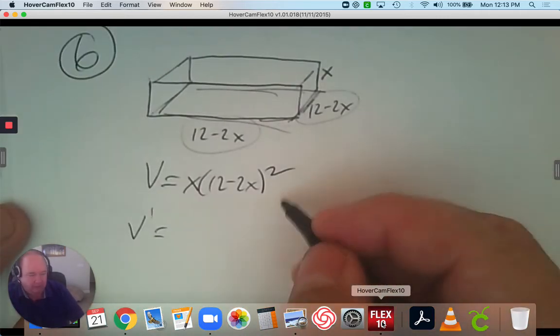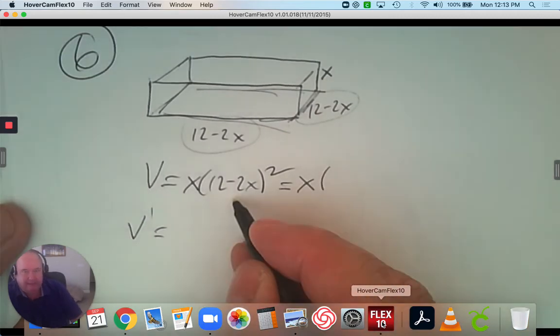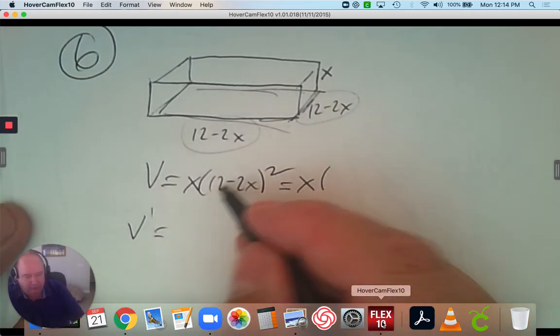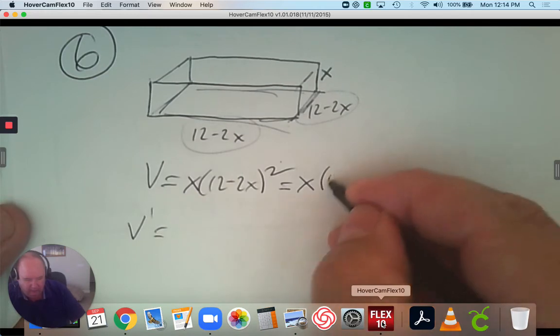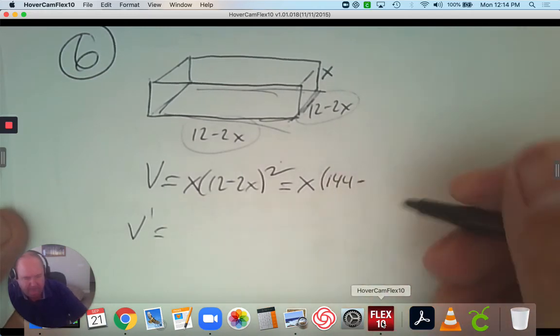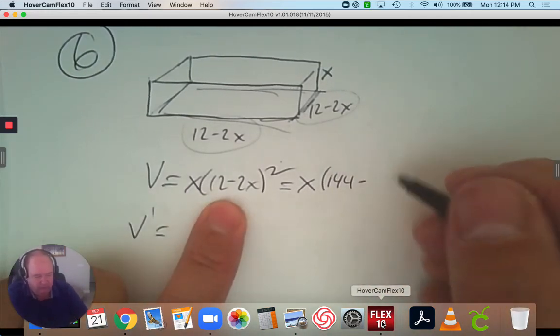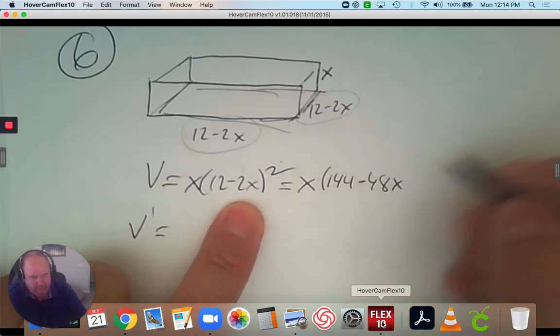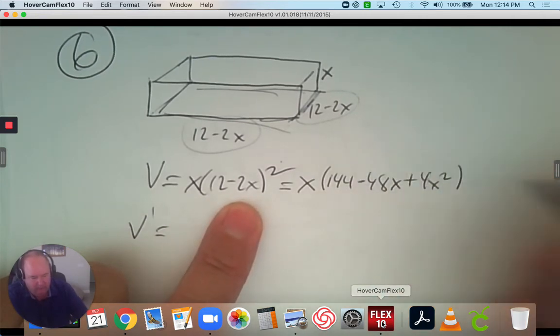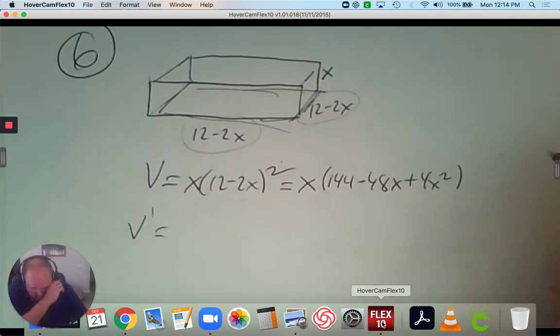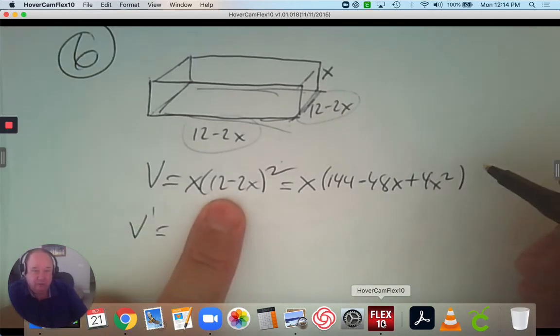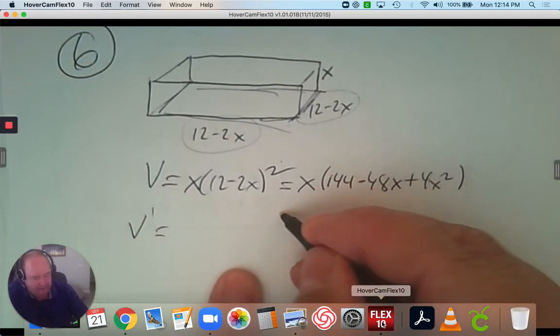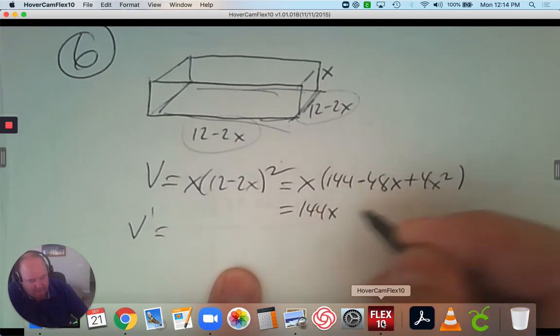You have a choice. Because it's not that bad to expand it. So what's 12 subtract 2x squared? That's 144 minus 24 and double it plus 4x squared. That isn't too bad. And then I can multiply and distribute the x.